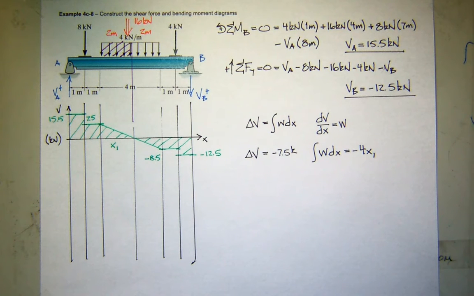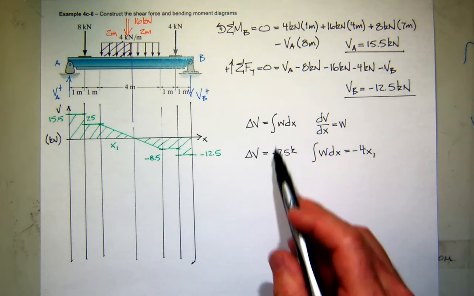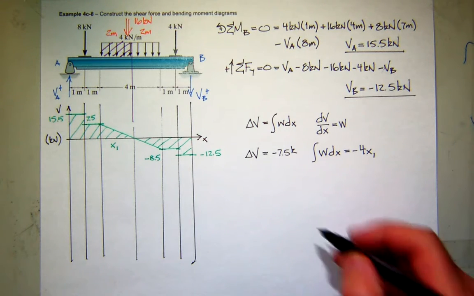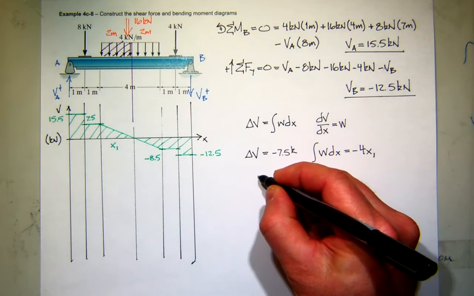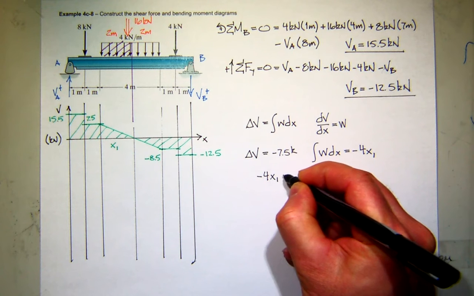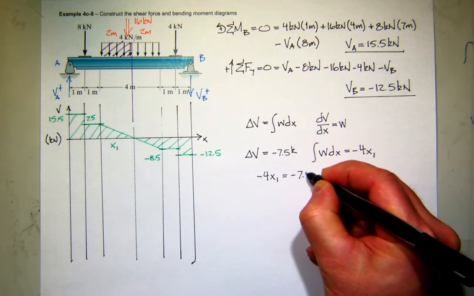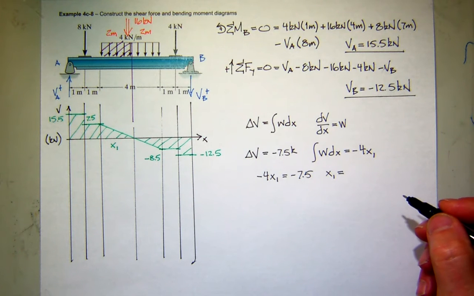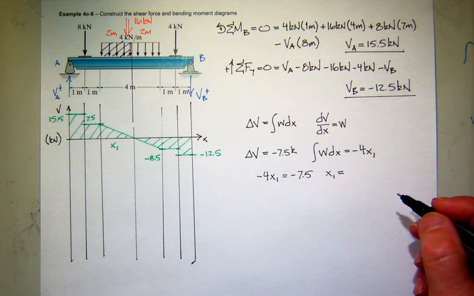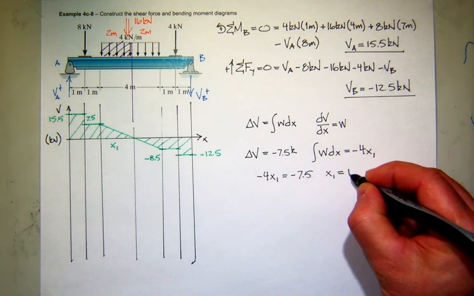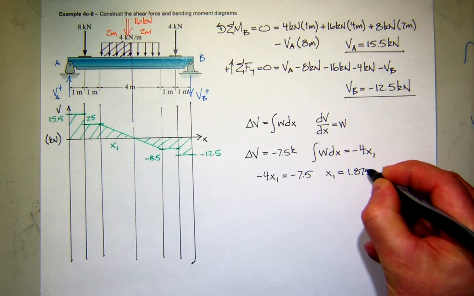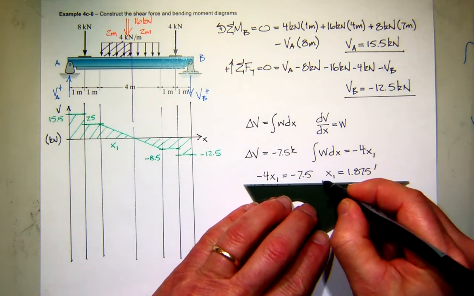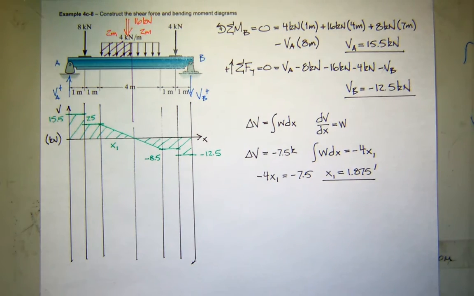Those things should be equal. So that gives me an equation that says minus 4x1 is equal to minus 7.5, and you can solve for x1, which someone will have to help me. What is that? 1.875? Yeah. Everybody see that?